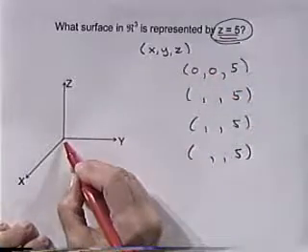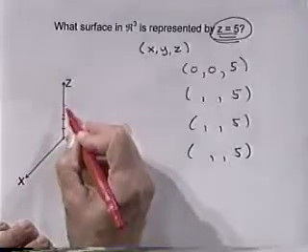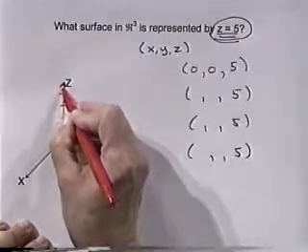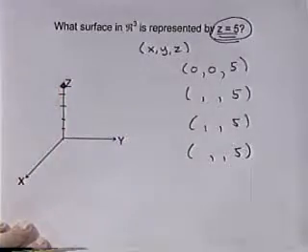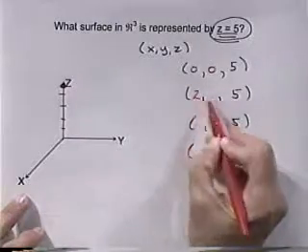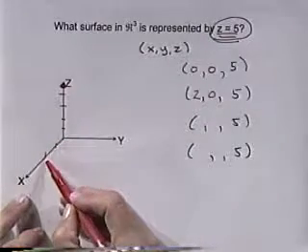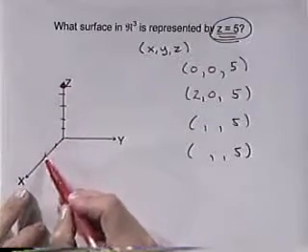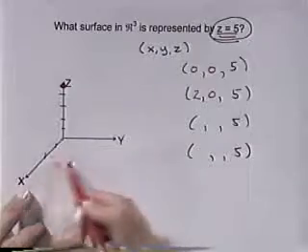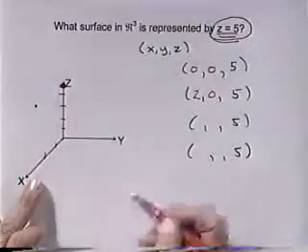So if I go in the x direction 0, y direction 0, z direction 5, I'd be right here. There's the point (0, 0, 5). Well, maybe I want to make x be 2, y be 0, z be 5. So I'd go in the x direction 2 units, that's to here, the y direction 0, so I'm not moving right or left at all, and then z is 5, so I'm going to be going up 5 units.